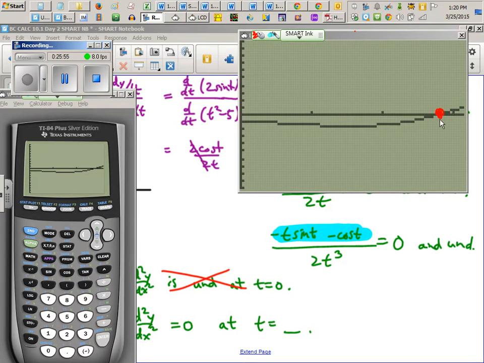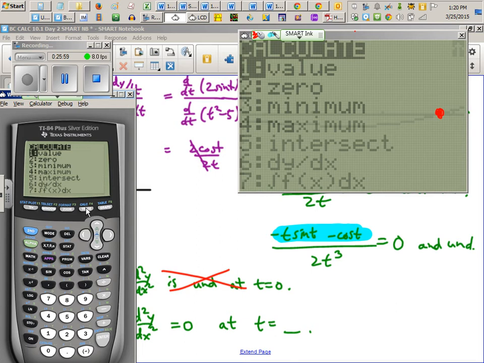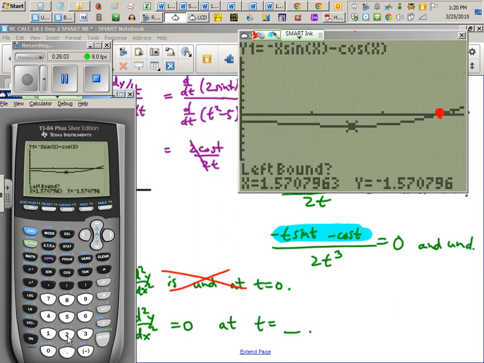Okay, so I need that point. Don't use trace, right? That thing's horrible. Just do second calc. There's all your goodies again. And let's go to 0. And I learned something. You do not have to do the little wizard by moving your buttons around, okay? I used to always go, left bound, click, and then right scroll, click. Guess what? You don't have to do that. You're between 0 and 2 point something, see the marks?